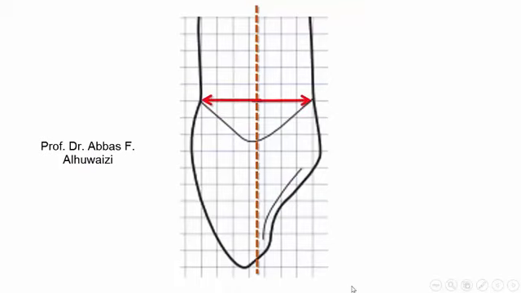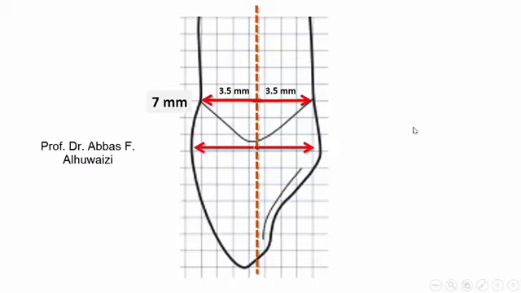The buccolingual dimension, or buccopalatal dimension, at the cervical area is 7 millimeters. Therefore, it is 3.5 millimeters from the bisecting line to the buccal point and 3.5 millimeters from the bisecting line to the palatal point.